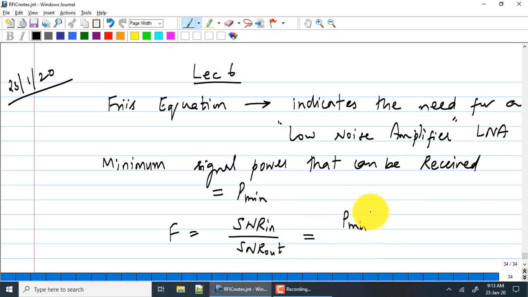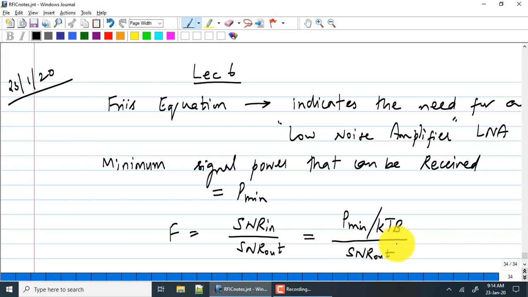It's P min. What is the noise power? We calculated yesterday that it is KTB in watts. So now you are trying to calculate P min in watts, P min over KTB, over SNR out. Make sense? Now what is the SNR out?